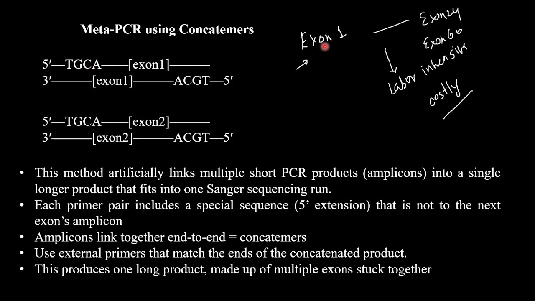For example, if you see here, we are using one set of primers, let's say for exon 1, and another set of primers for exon 2. Each primer pair includes a special sequence 5' extension that is complementary to the next exon amplicon.